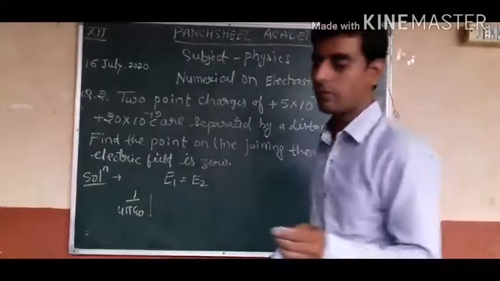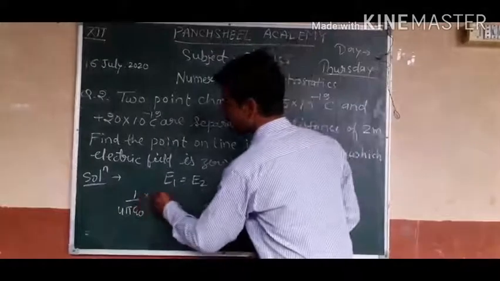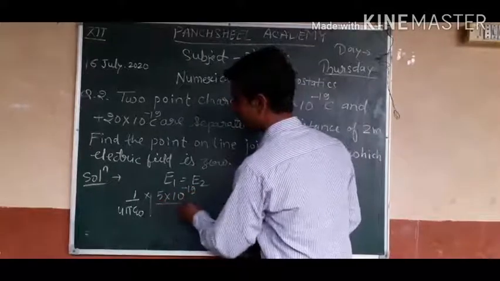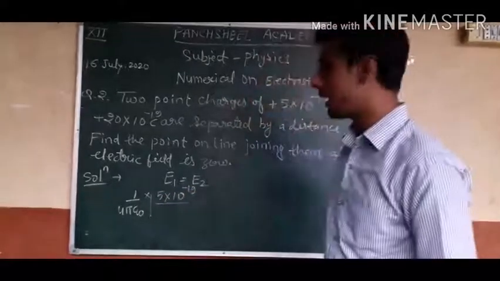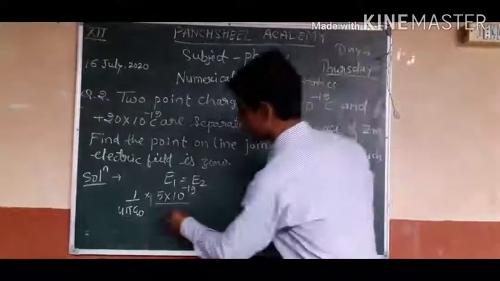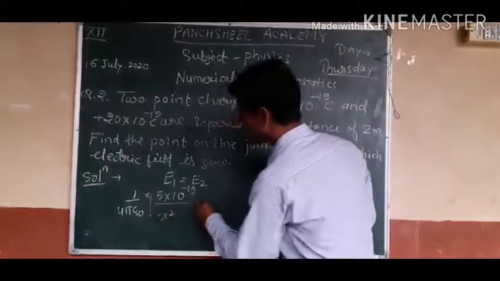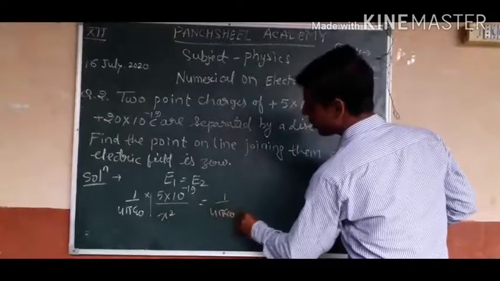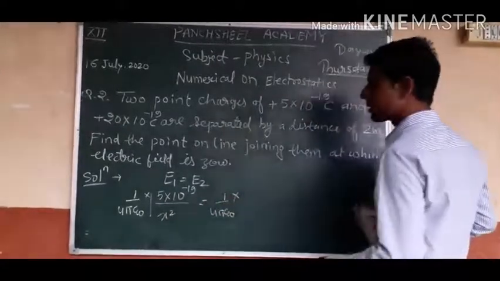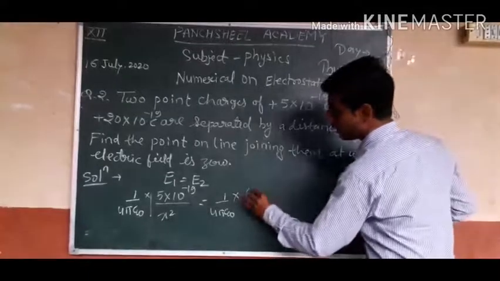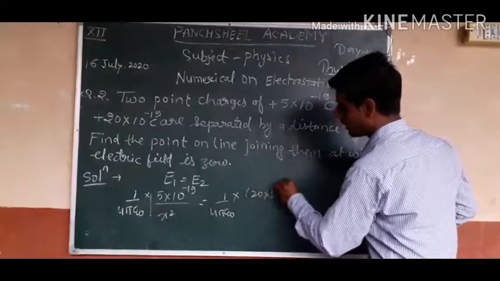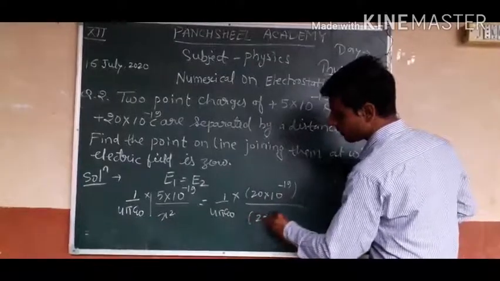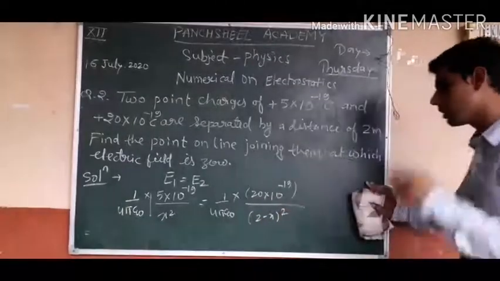That is 5 into 10 to the power minus 19 upon R square. R square means x square. E2 equals 1 upon 4 pi epsilon naught into the charge, that is 20 into 10 to the power minus 19 upon r square. R square means 2 minus x whole square.